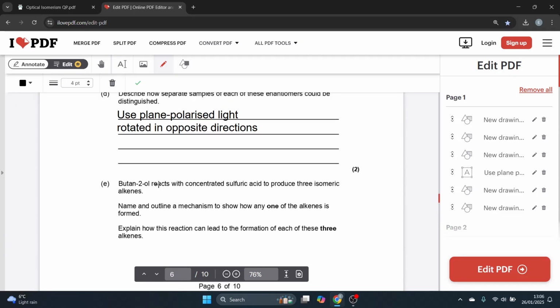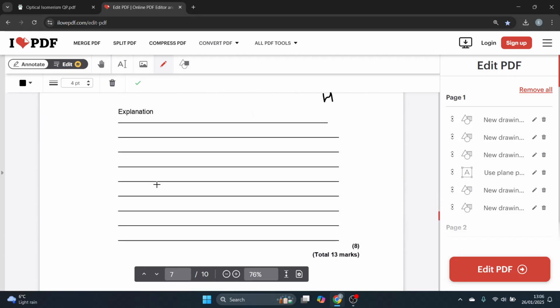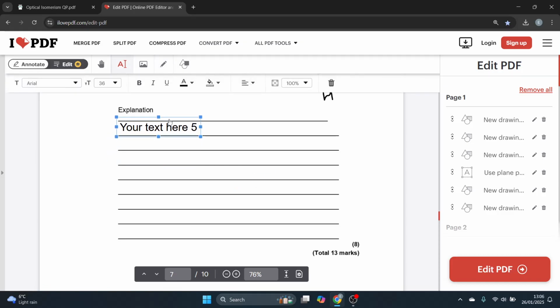And then it says explanation. 8 marks in total. Loss of H plus from carbon adjacent to the carbocation, the positive charge carbon which OH was attached to.